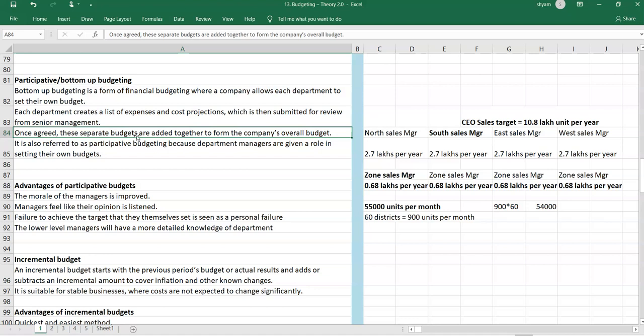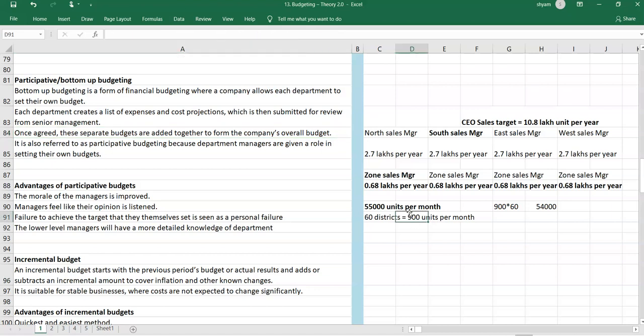Once agreed, these separate budgets are added together to form the company's overall budget. So it starts from the 60 districts, all the 60 districts total is added up, then the zone total is got, all zone totals are added up, the divisional or regional sales manager target is got, then all these regional or state-wise managers' targets are added, and finally the CEO sales target is found out.